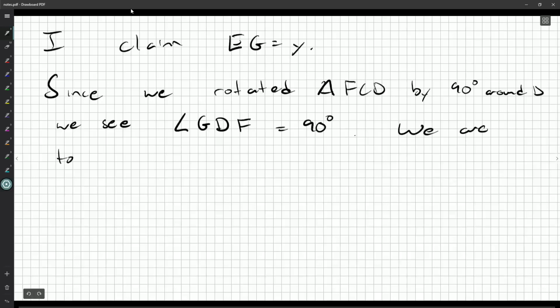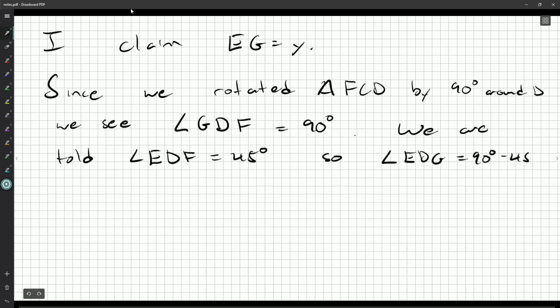So we are told EDF is 45 degrees. So let's say EGF, no, EDG. EDG, we'll split it that way. Must be 90 degrees minus 45 degrees, which is 45 degrees.